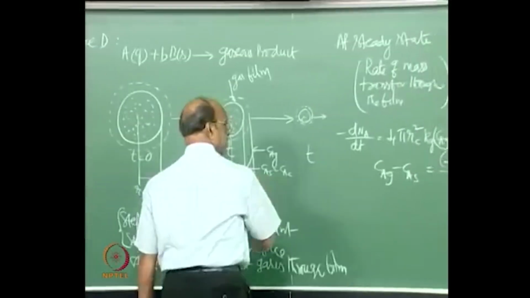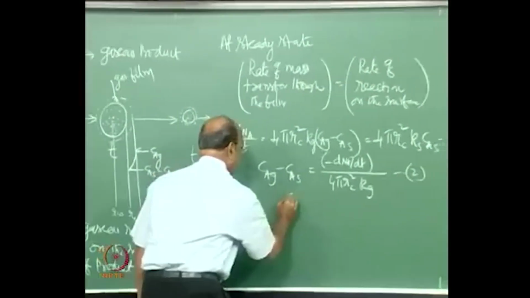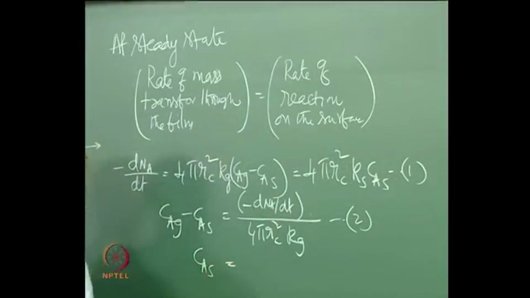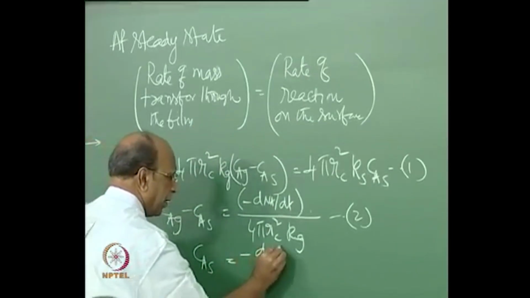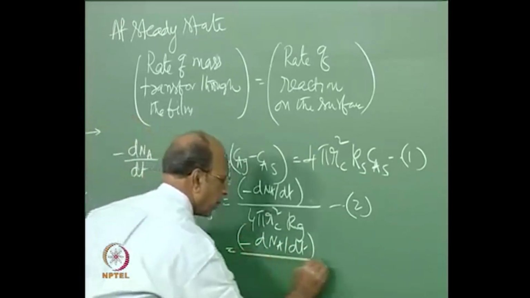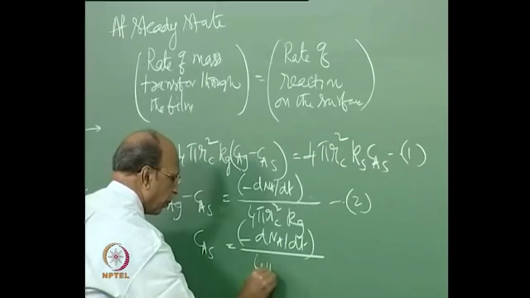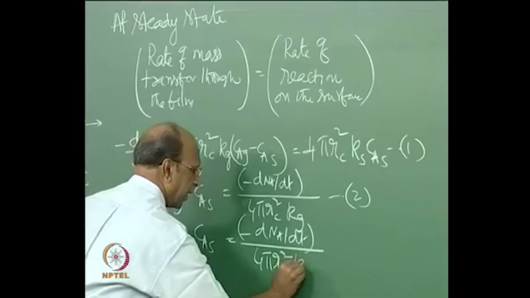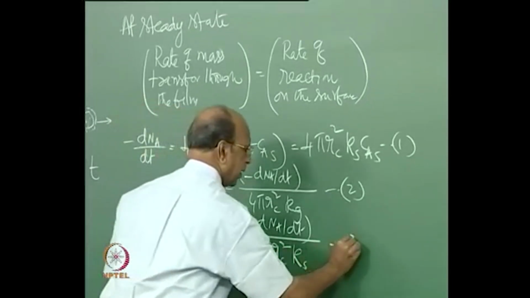So, let me write this once. Now CAS equals minus dNA by dt divided by 4 pi RC square Ks, correct?